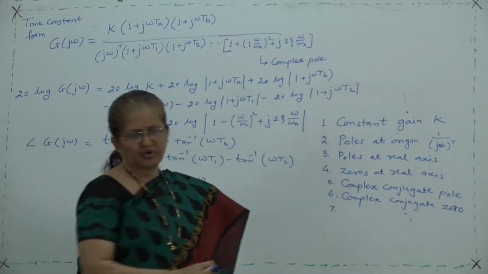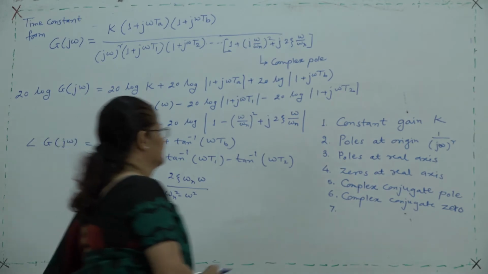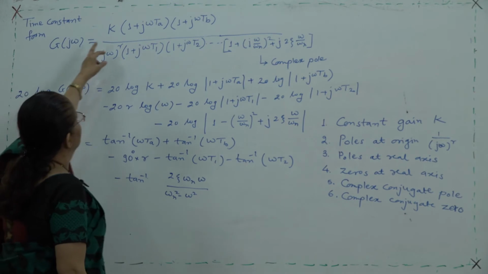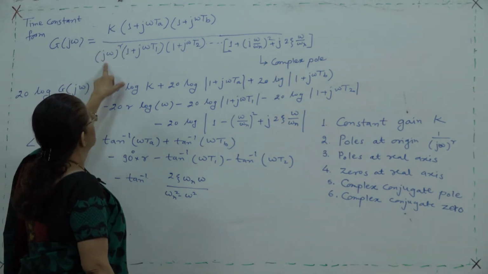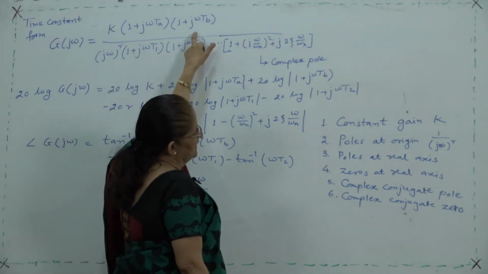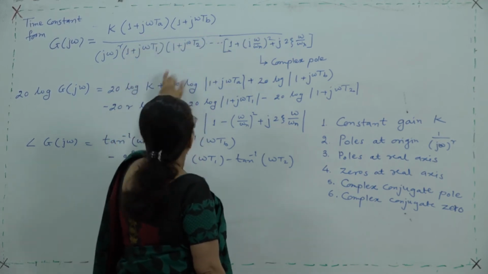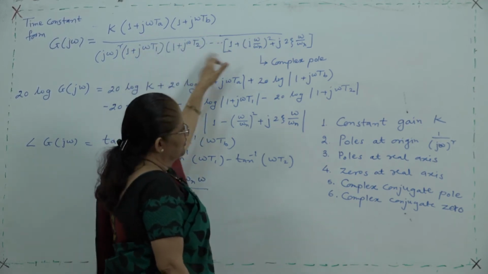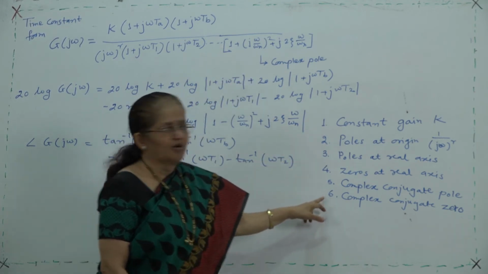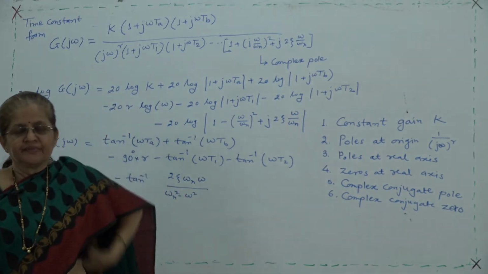While considering the Bode plot, we have to consider that. So, together each and every term is covered. See the constant gain k, then poles at origin, j omega raised to r, then poles at real axis, 1 plus j omega T 1, 1 plus j omega T 2, and in that way the zeros are 1 plus j omega T A, T B. So, poles at real axis, zeros at real axis, complex conjugate pole, complex conjugate zero.